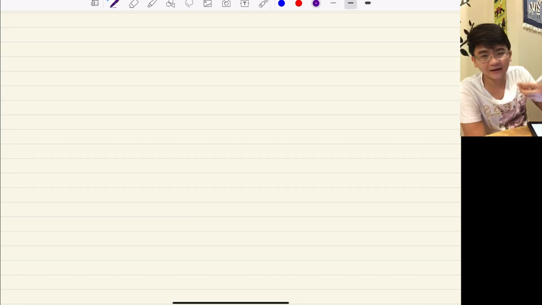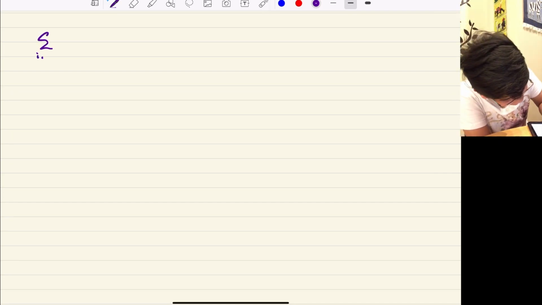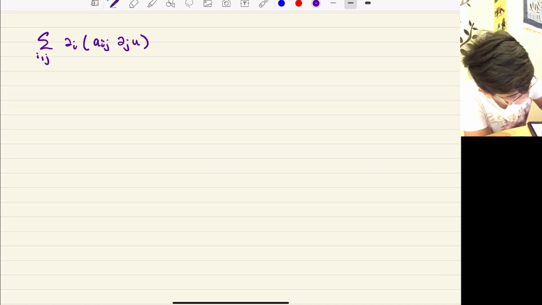So, in particular, let's look at the second order term written in components. So we have something like sum over ij of derivative in i of a_ij derivative in j of u.